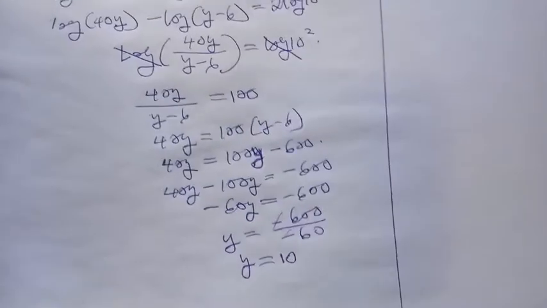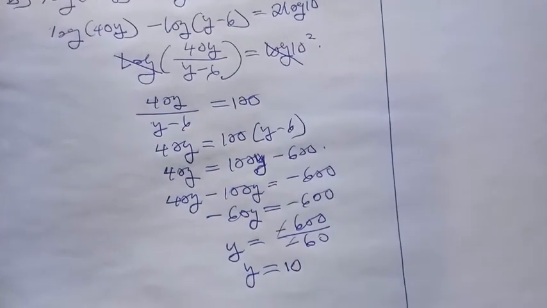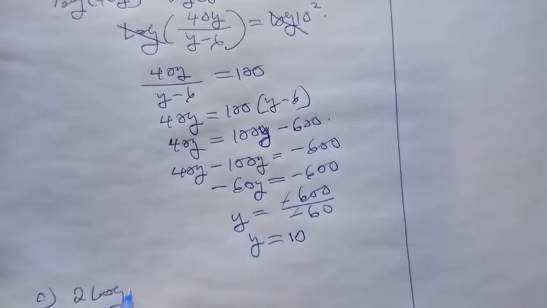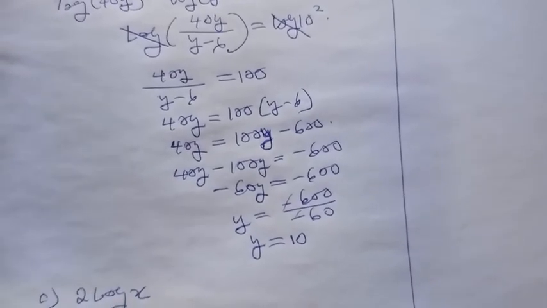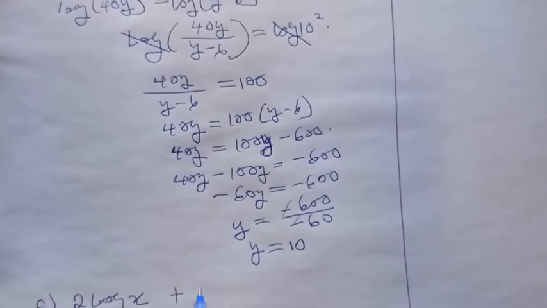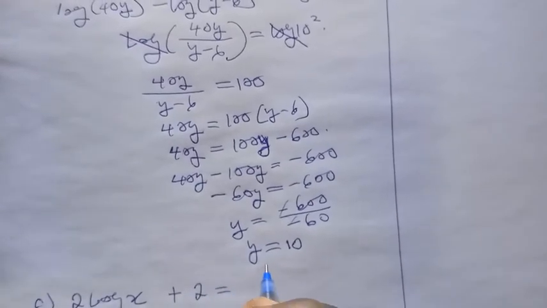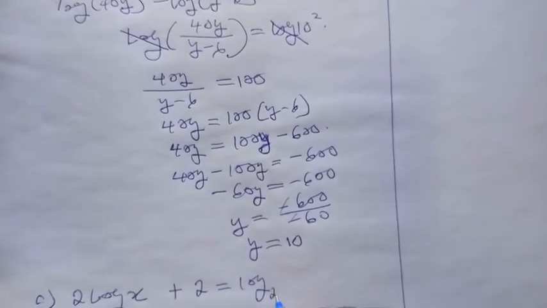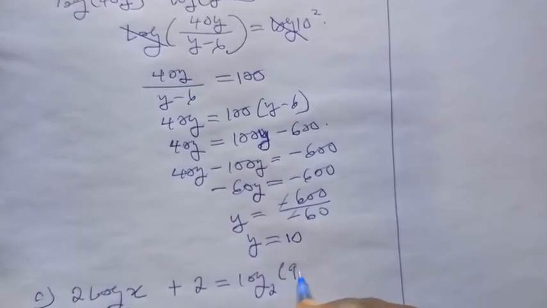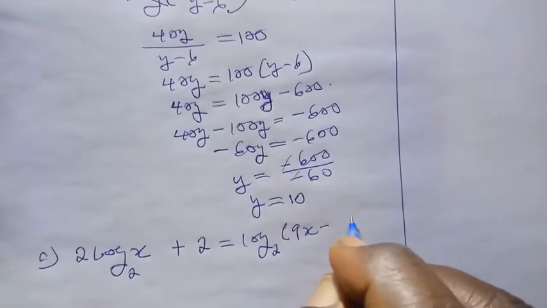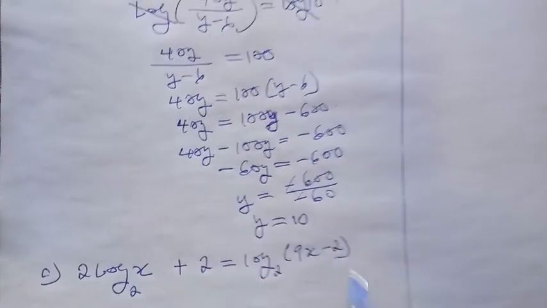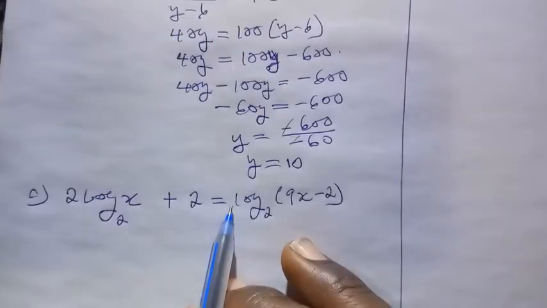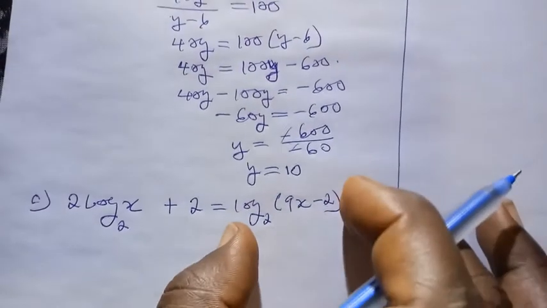All right, the last one, C. We have 2 log x base 2 plus 2 is equal to log base 2 of 9x minus 2. All right, I don't have any problem with this. This is just a single log, and there is no number multiplying the logarithm, so I'm done with this.